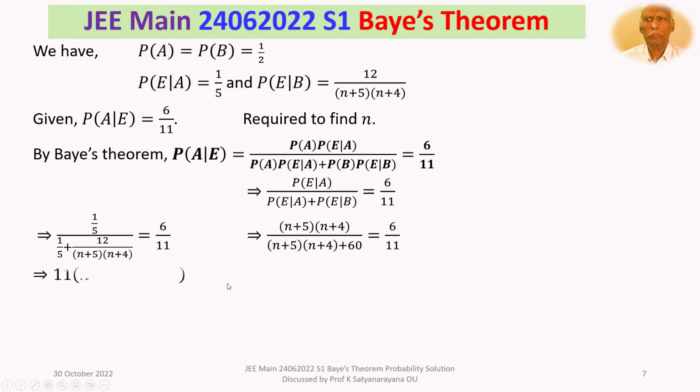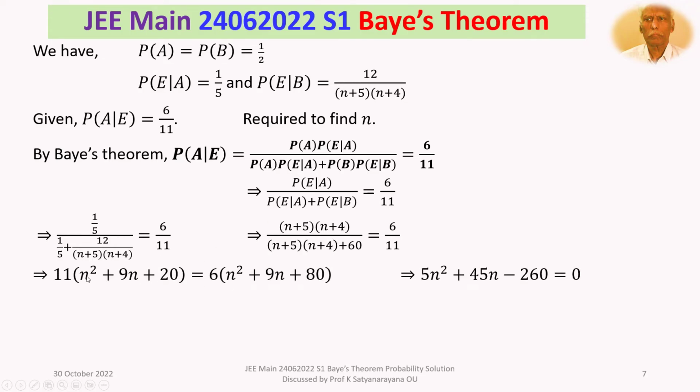Cross multiplying, we get 11 times n plus 5 into n plus 4, that is n square plus 9n plus 20, equal to 6 times n square plus 9n plus 20 plus 60, that will be 80, so 6 times n square plus 9n plus 80. Multiplying and simplifying, we get 5n square plus 45n minus 260.